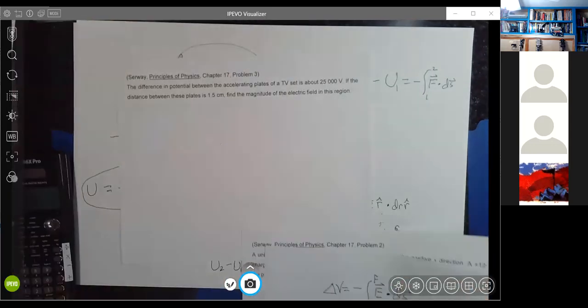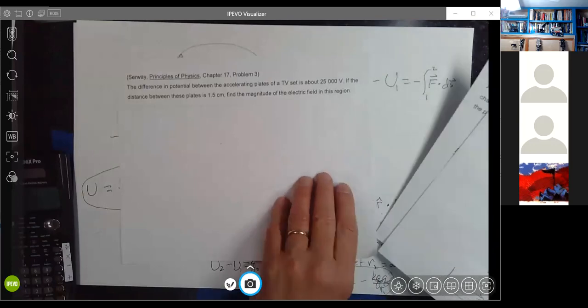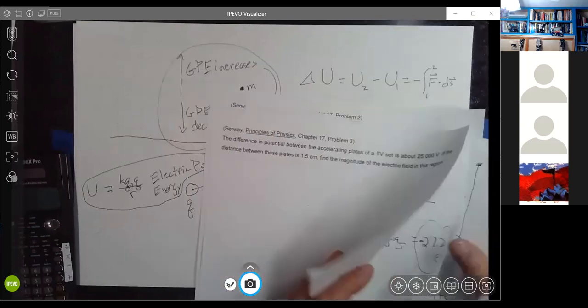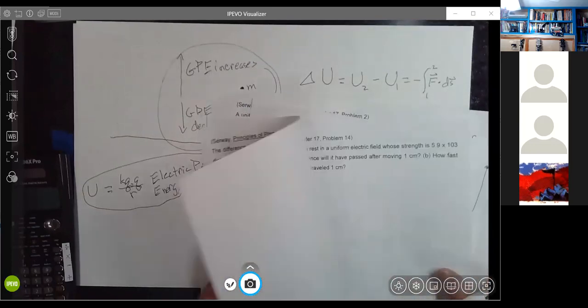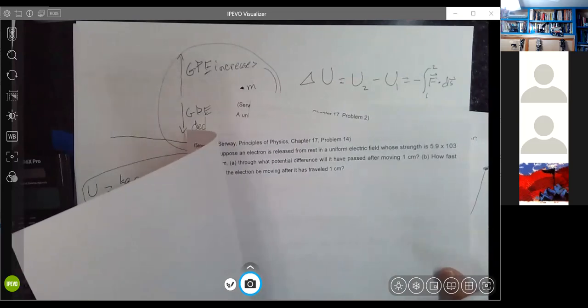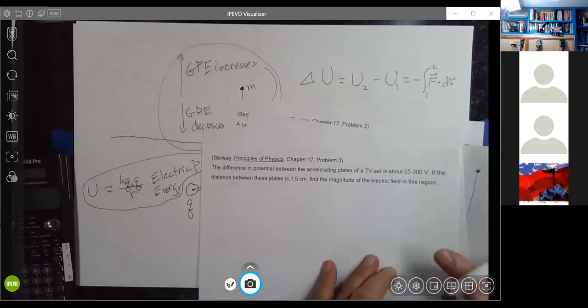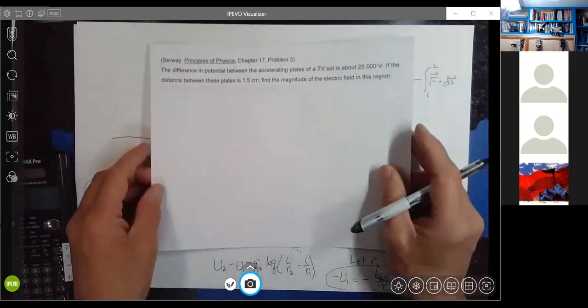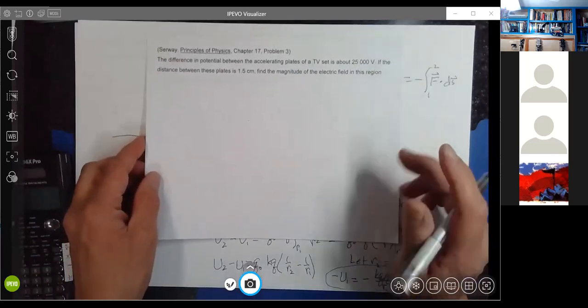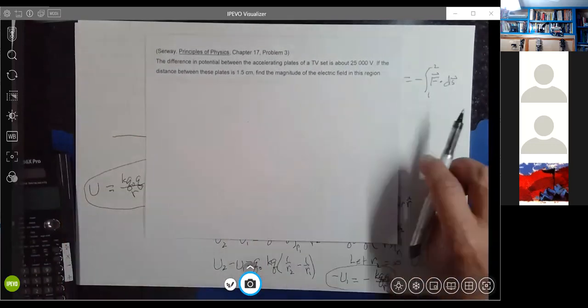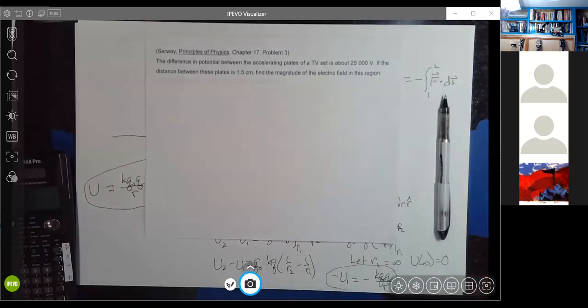So, more ideas. Whoops, lost something on there. This is the old style TV set. If you ever opened up an old TV set, there would be a warning sticker on it that said danger, high voltage.